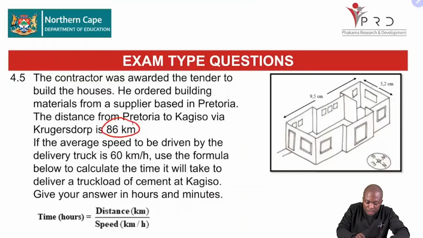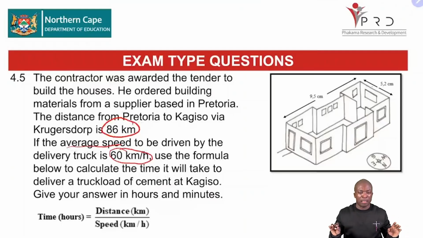If the average speed is 60 kilometers per hour, meaning the driver is driving at 60 kilometers per hour, use the formula below to calculate the time it will take to deliver a truckload of cement at Kagiso. Give your answer in hours and minutes. I'm quite sure during the course of the year you have made such questions before. It's not difficult. This is what you're supposed to do.